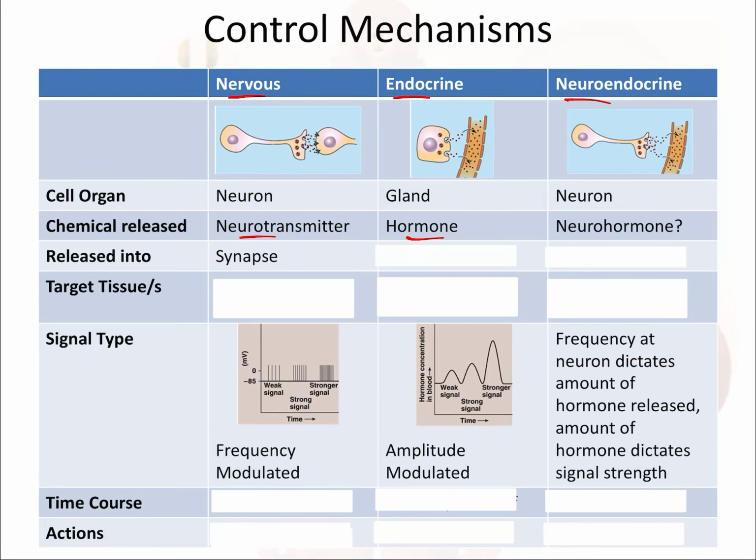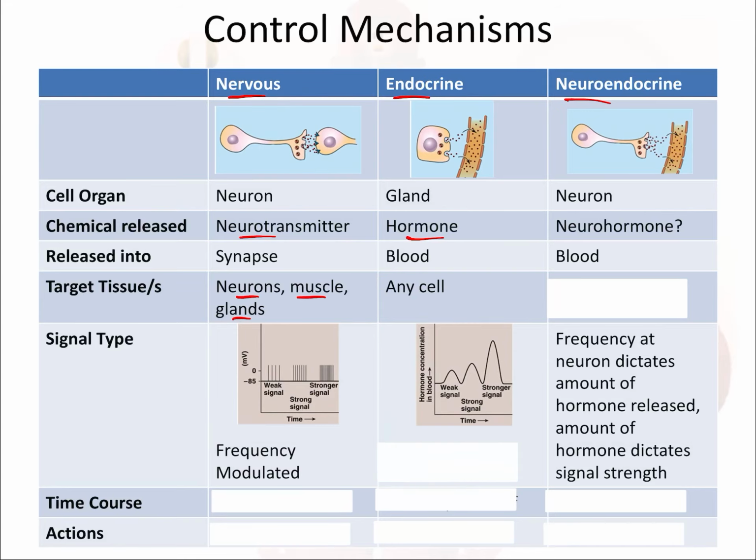It's released into a synapse in the nervous system, blood in the endocrine, and blood in the neuroendocrine. Target tissues in the nervous system are always either a neuron, muscle, or a gland. In the endocrine, it's any cell in the body that has a receptor for it. In the neuroendocrine, same thing, any cell in the body.